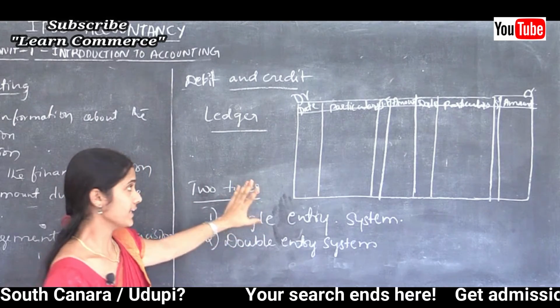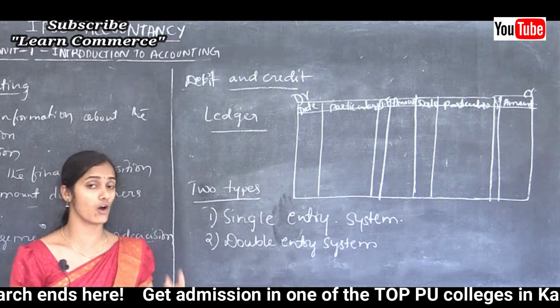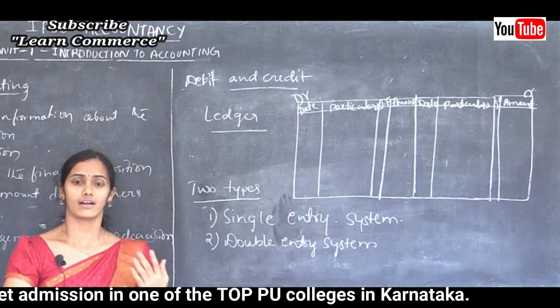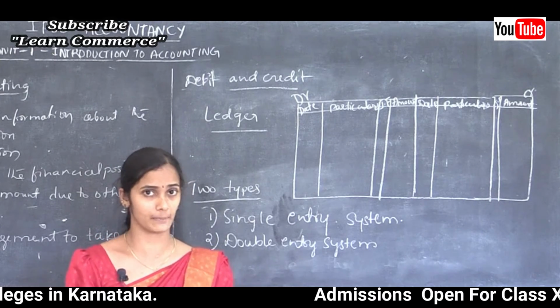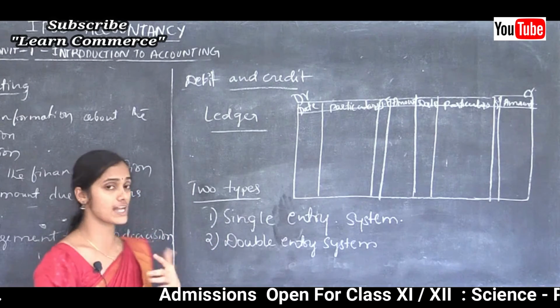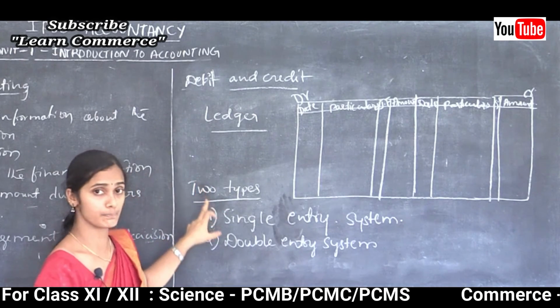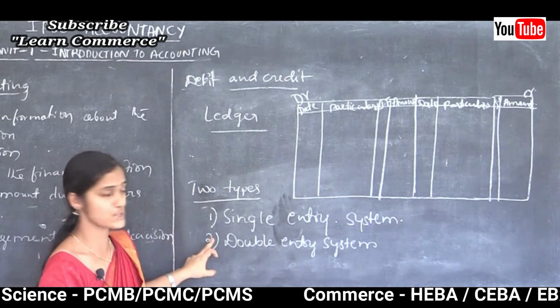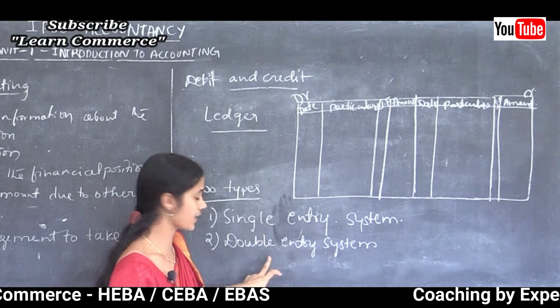Now we know that each and every transaction affects two different accounts, two or more accounts. Maybe say cash sale affects cash account and sales account. Getting my point? Next class you will understand better. So before that we should understand the types of accounting also. There are two types of accounting, single entry and double entry.